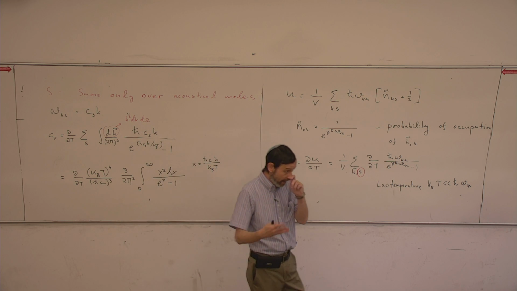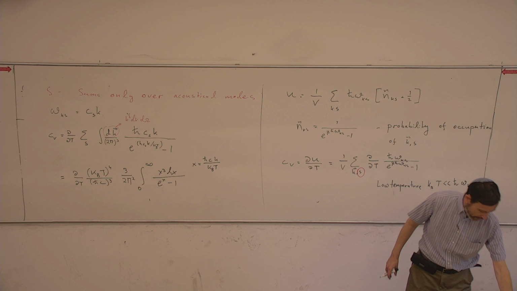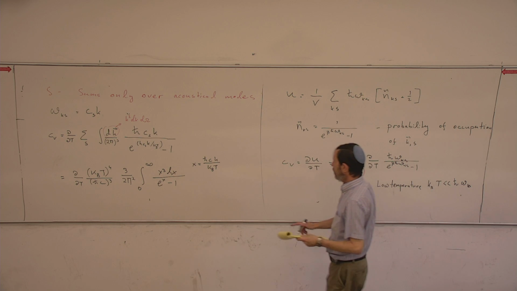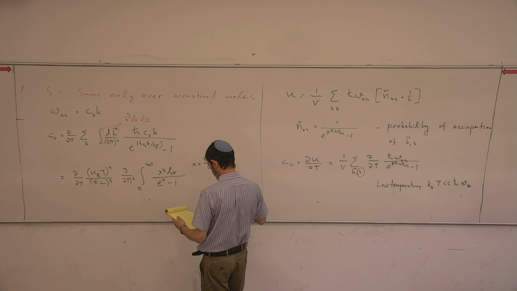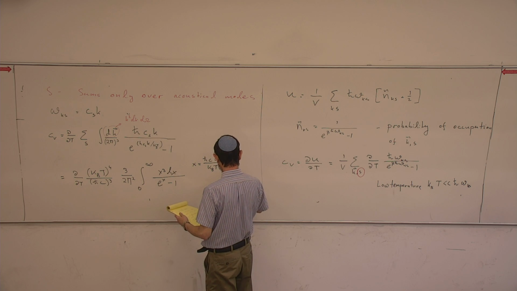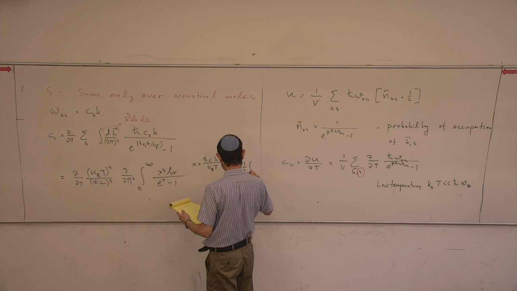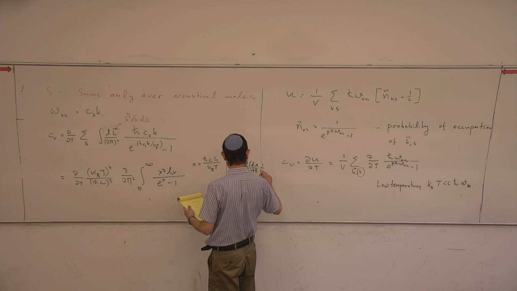And there I can average easily, and if you want to be very exact, it's 1 over c cubed is equal to 1 over 4 pi, integral over omega, of 1 over c_s cubed.